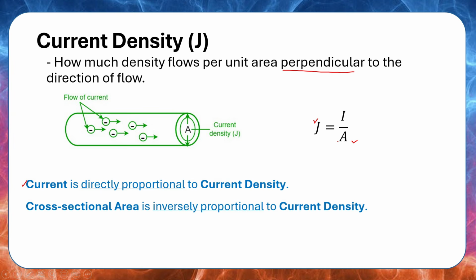So if this cross-sectional area changes into a bigger area, then this density decreases because they are inversely proportional. Or vice versa, if this cross-sectional area decreases, the wire becomes thinner because it becomes a smaller cross-sectional area, then the current density increases.